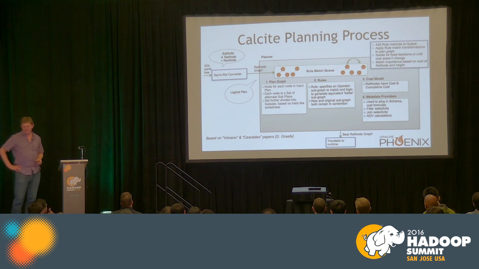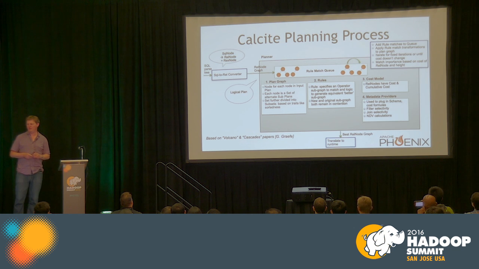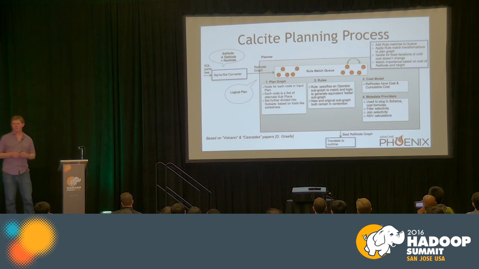So the planning process: it actually has two planners, but the more complex, more interesting one is based on the Volcano and Cascades work done by Goetz Graefe in the late 90s, which is pretty much standard for cost-based optimizers. First you produce a relational algebra tree, usually by parsing SQL. The system does pattern matching on this tree to see which rules could possibly fire.